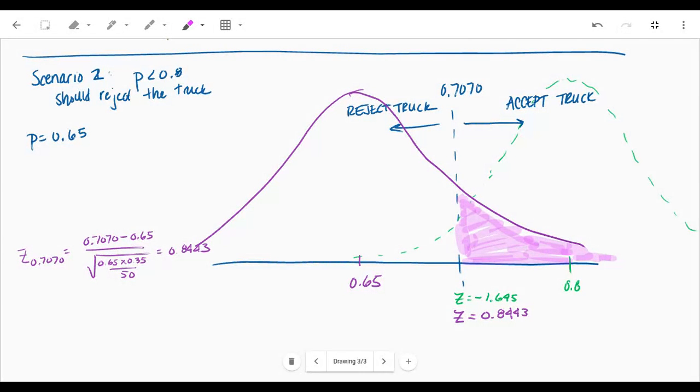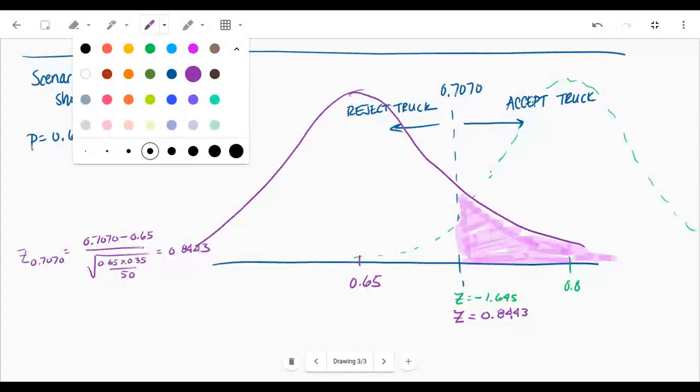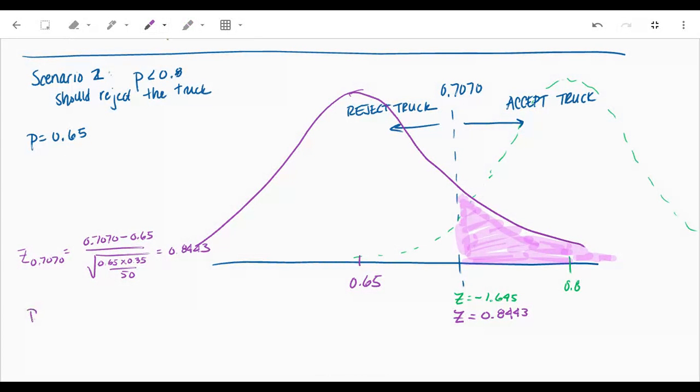Okay, and that would be a type 2 error. So the probability that z is greater than 0.8443 is, let me grab my calculator, 0.1992. That's this area here.